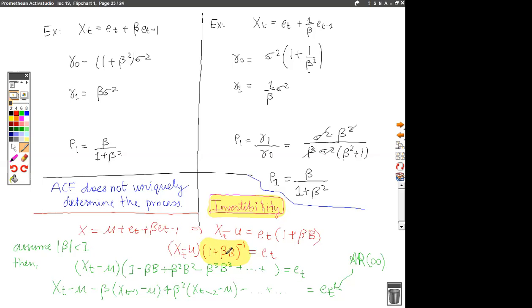And that is what invertibility is. The tool that you use to write a MA process in terms of an AR process is invertibility. So invertibility is a property that, if satisfied, allows you to write a MA process in terms of an AR process. Does that make sense?